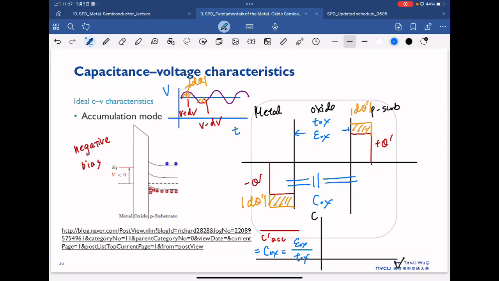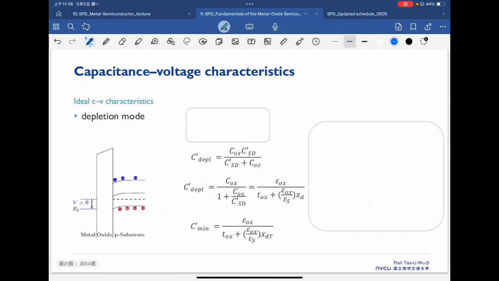Okay, so now we will start to increase the bias. We move to the next case, where we give a small positive bias.